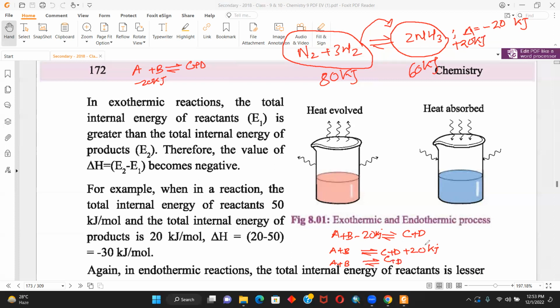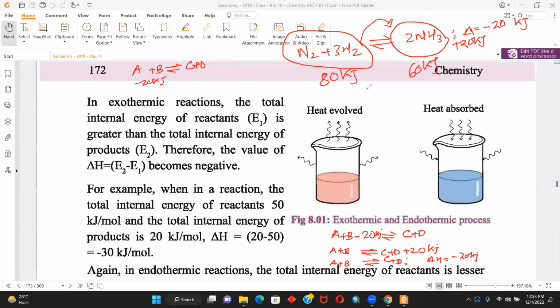Heat being absorbed or in excess is written as plus or minus on the right side. So just convert it to delta H by opposing the sign. That will be minus 20 kilojoule. So now you can easily understand that it is an exothermic reaction.